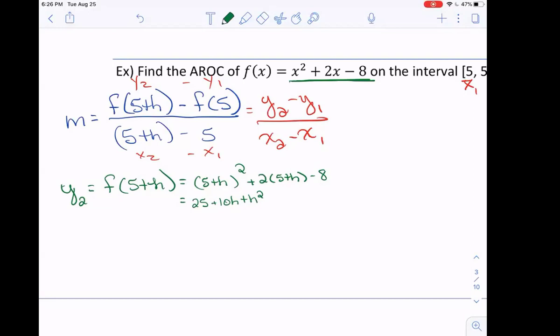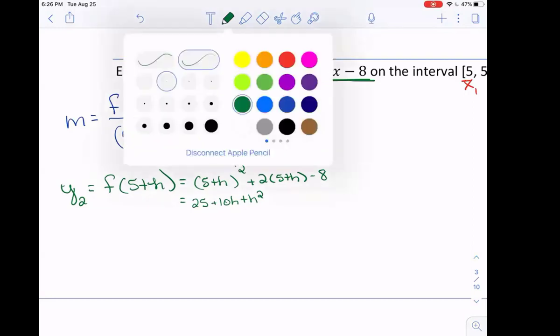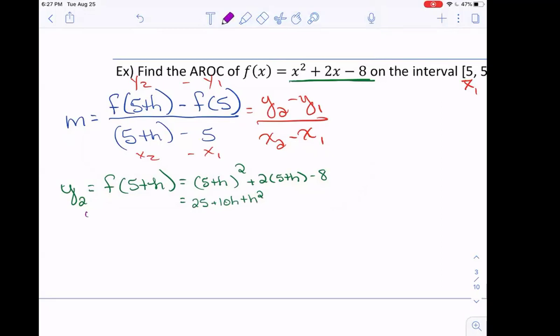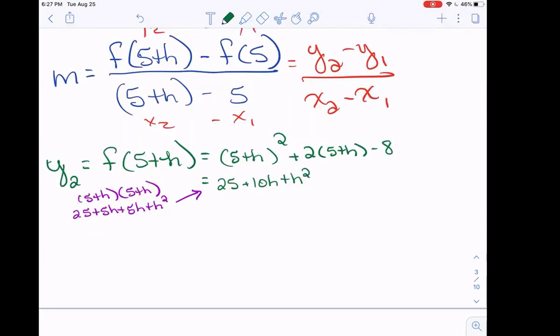If you're not sure where that's coming from, that's 5 plus h times 5 plus h. If you were to FOIL, we would get 25 plus 5h plus 5h plus h squared. So that's that first part there. Then we distribute the 2. We get 10 plus 2h and the minus 8.